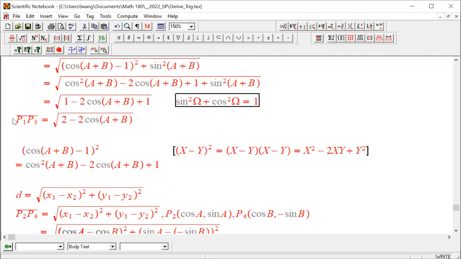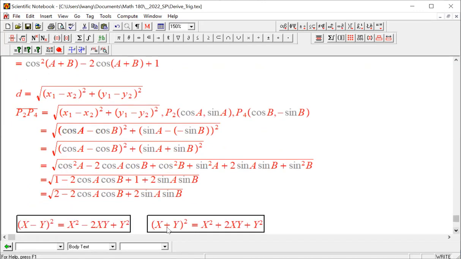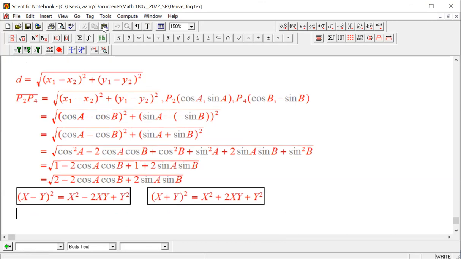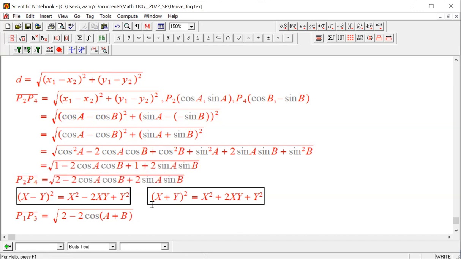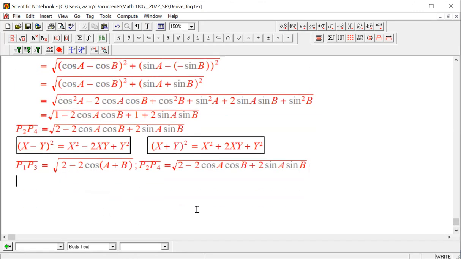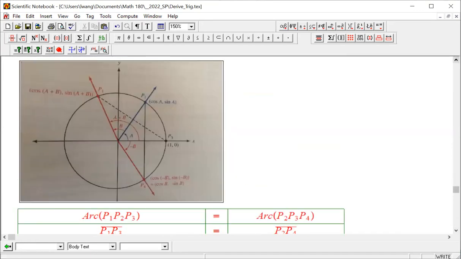And P1, P3 is this guy. Okay, so we're going to bring these two together. P1, P3 is this piece, and P2, P4 is this guy. And they are equal, right? We've worked so much. We have identified that P1 P3, this piece, is equal to P2 P4.